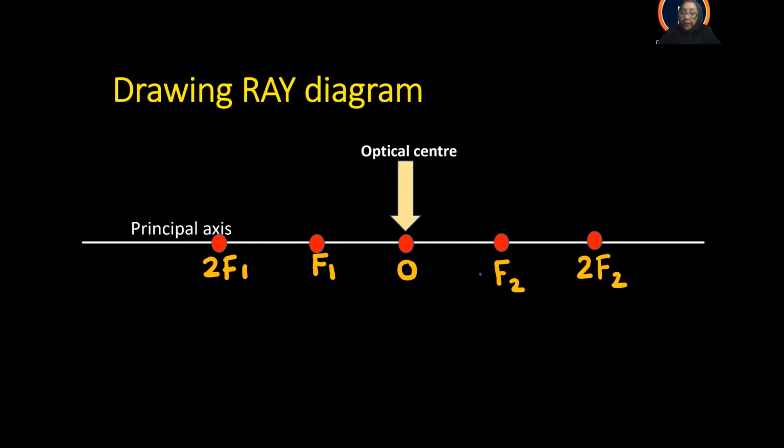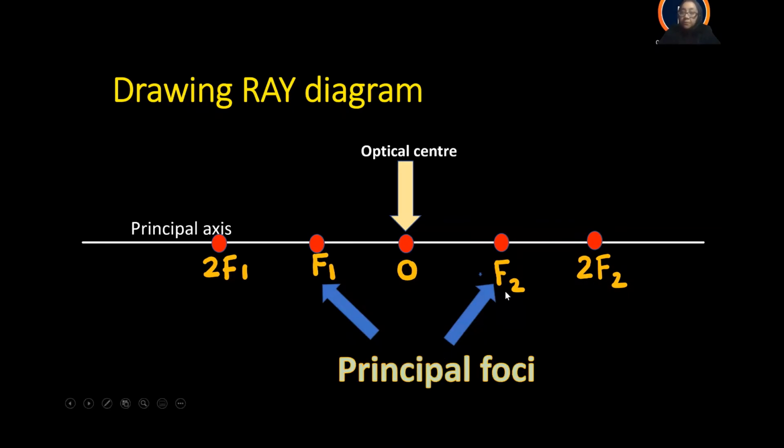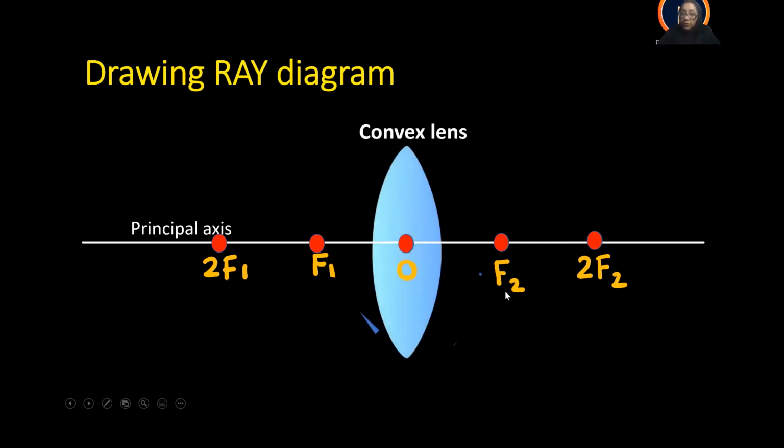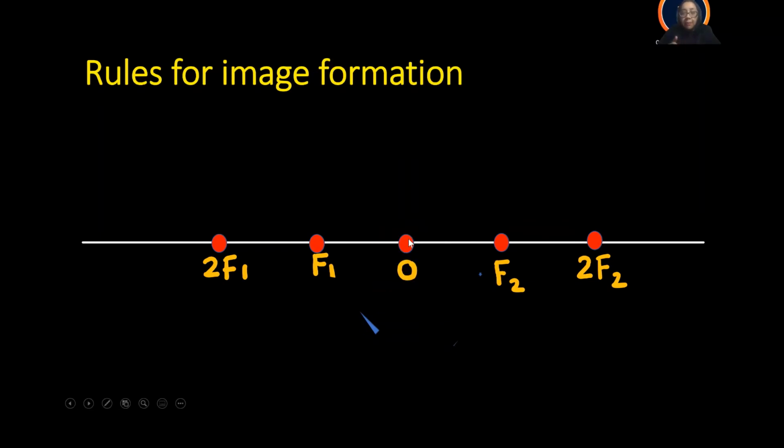Now we'll place the lens exactly at the optical center. F1 and F2 are the principal foci. Let's place a thin convex lens right at the middle of the optical center. Now, what about the rules? These rules are very, very important.